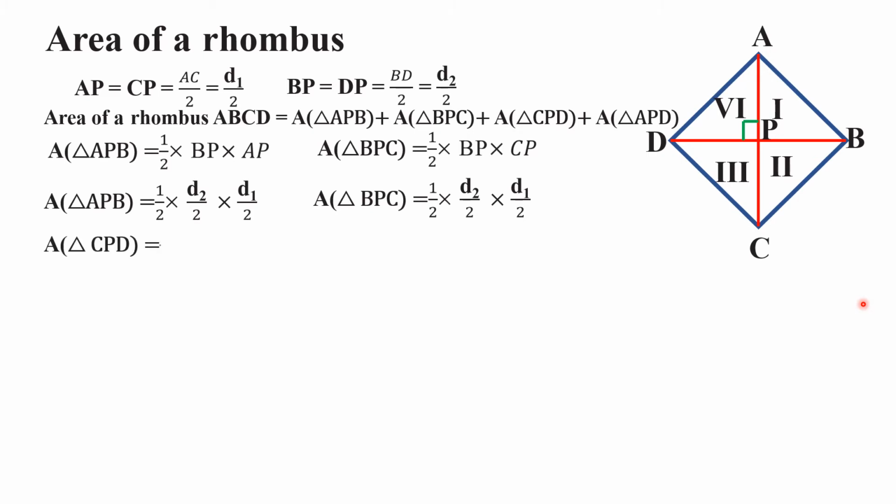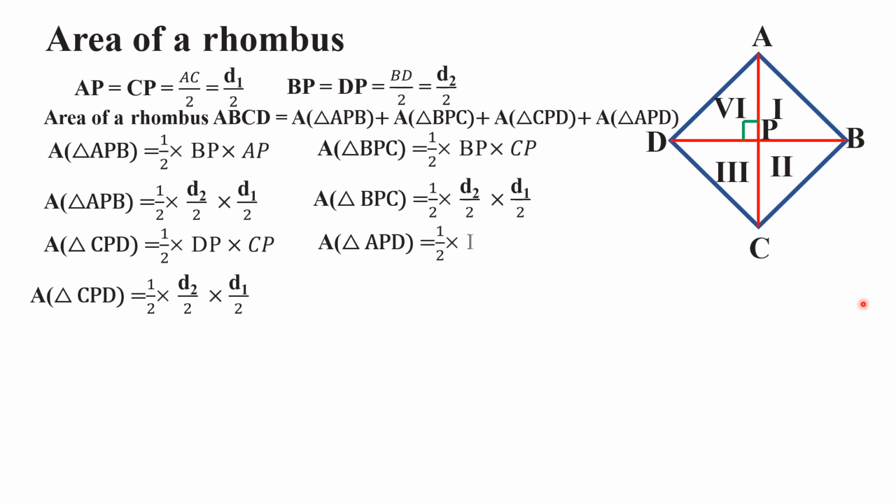Next, area of triangle CPD is equal to half into DP into CP. Now substitute the values: 1 upon 2 into D2 upon 2 into D1 upon 2. Now the fourth one, area of triangle APD is equal to 1 upon 2 into DP into AP. Substituting the values, it is equal to 1 upon 2 into D2 upon 2 into D1 upon 2.